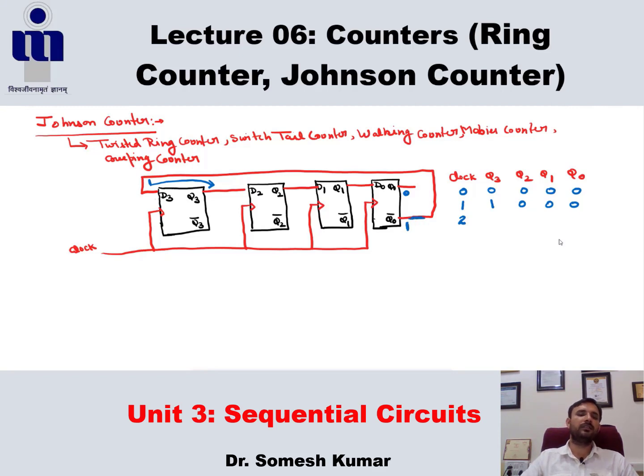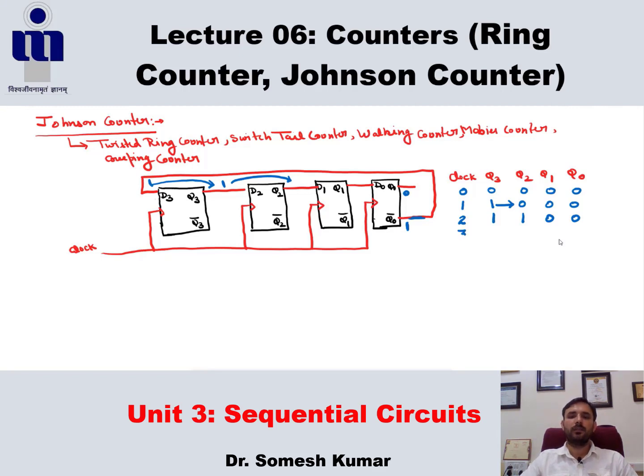So again 1 is given as feedback here, and this 1 is propagated now to Q2. So Q3 becomes 1, Q2 becomes 1, Q1 remains 0 and Q0 remains 0.